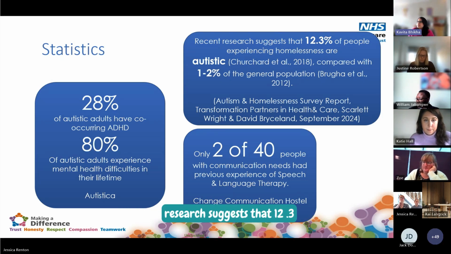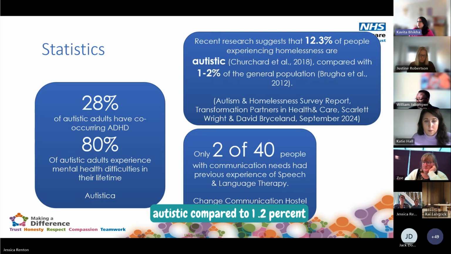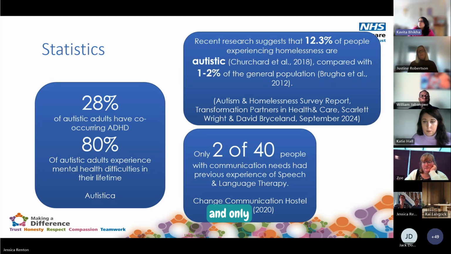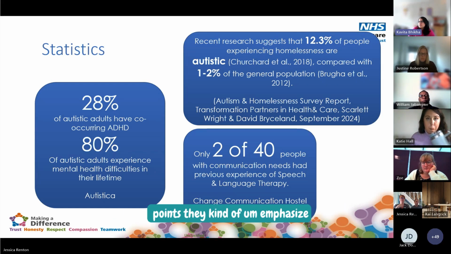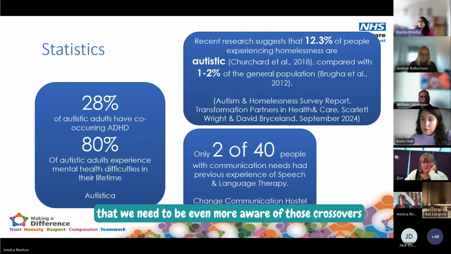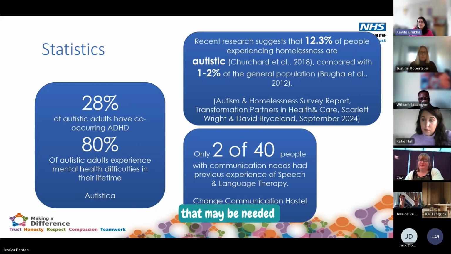Recent research also suggests that 12.3% of people experiencing homelessness are autistic compared to 1.2% of the general population, which is a big discrepancy. And only 2 of 40 people with communication needs had previous experience of speech and language therapy. So obviously these points emphasize that we need to be even more aware of those crossovers and the risks, and also what support may be needed.